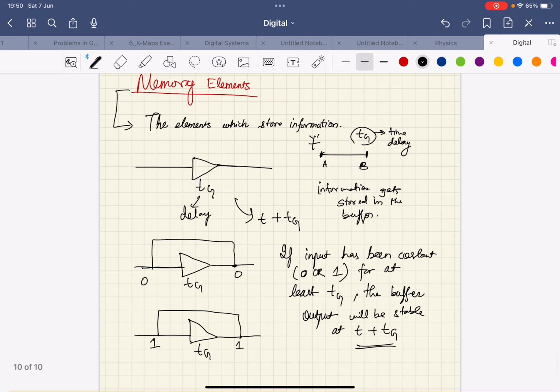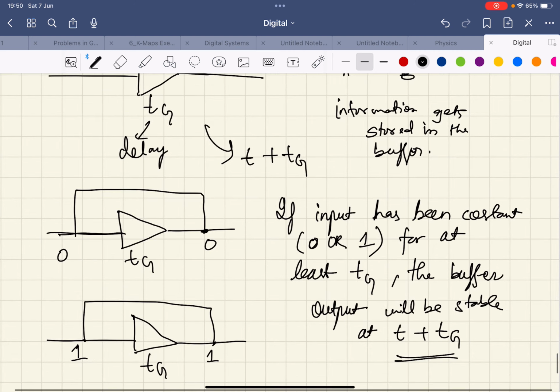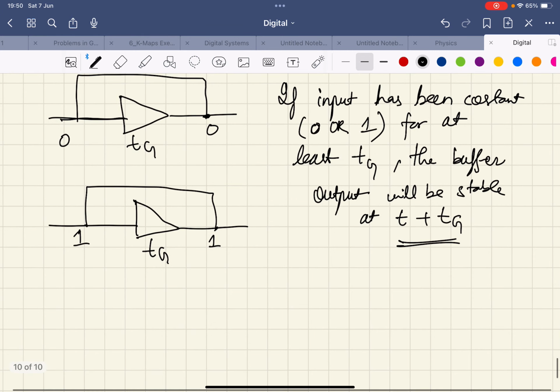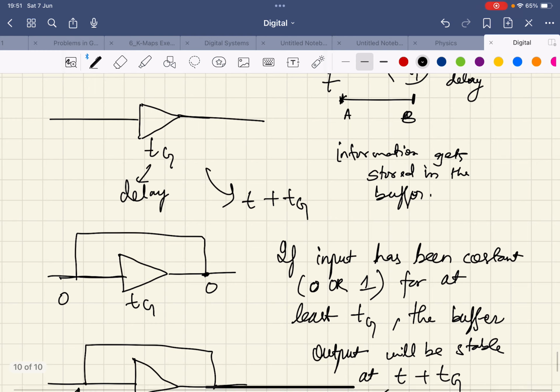T is the total time. Let's say the signal has to reach in time t from A to B, it has delay to t plus tg. This has to be the rule. When we find at this point, the information gets stored in the buffer and the output will be t plus tg, I mean the total output time.